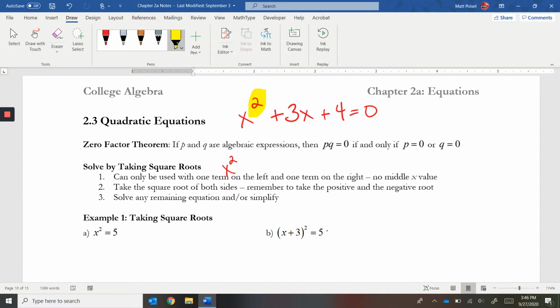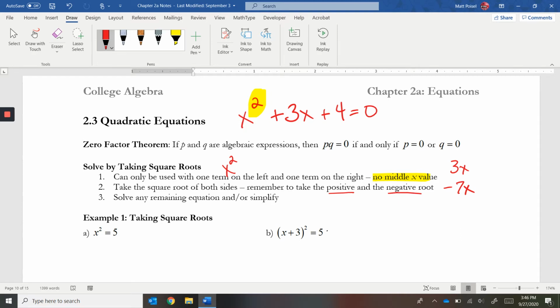This part's really important. We can't have an x value. So if you have something like 3x in your problem or minus 7x, you're not allowed to just take the square roots. Okay, then what it says is we're going to take the square root of both sides, and we need to remember to take both the positive and the negative square root.